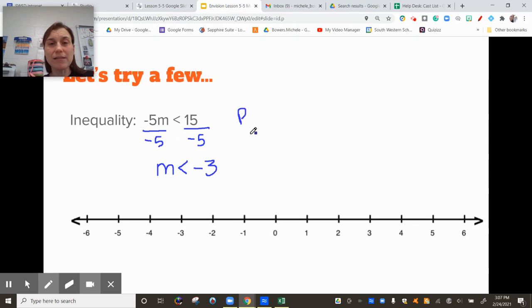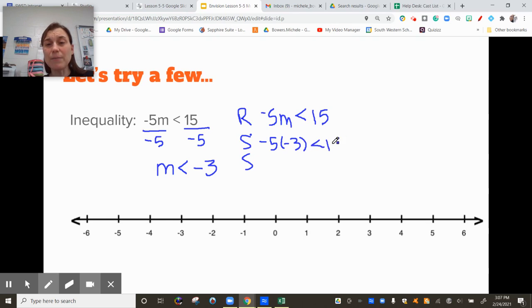So RSS. And I'm going to check my target number. The target number here is -3. So I would do -5 times m is less than 15. If I make -5 times -3, is that less than 15?